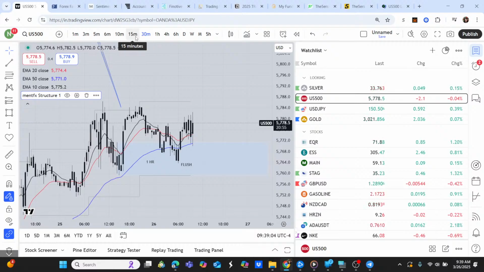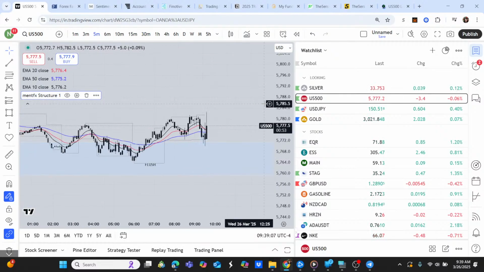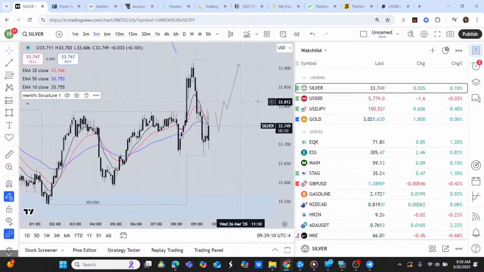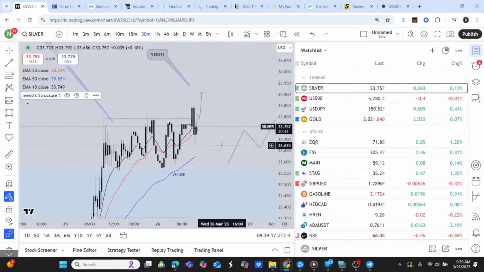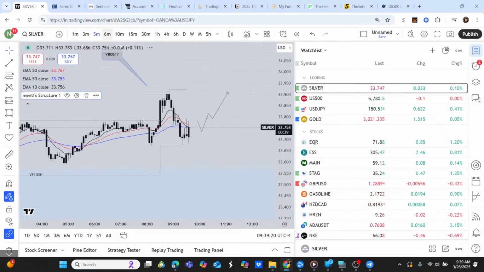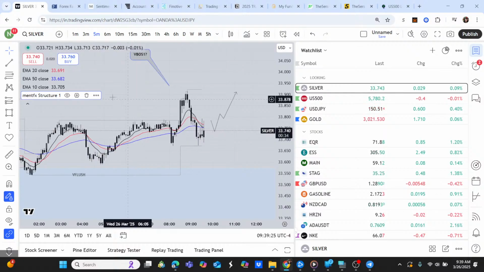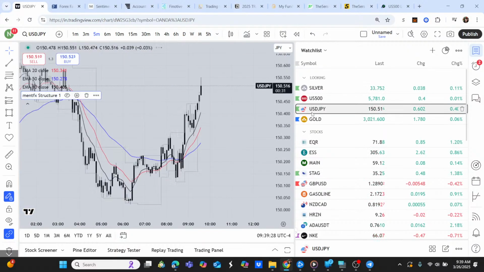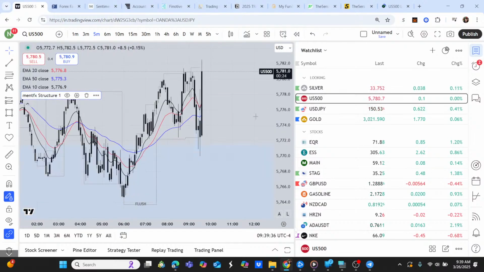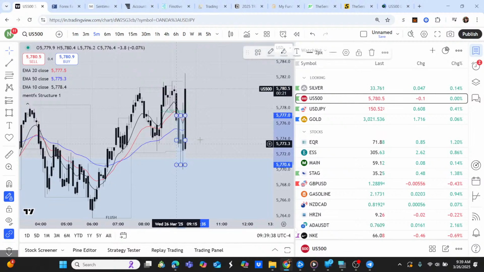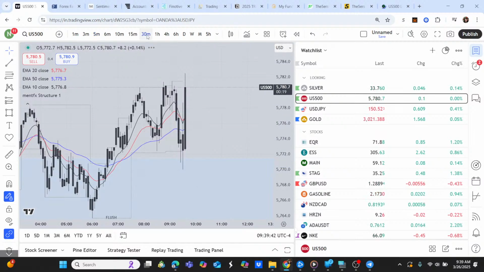Yeah, it looks ugly in that area. Silver still looks ugly. I'm just flipping through to make sure I'm up to date. That one got eyes cleared.